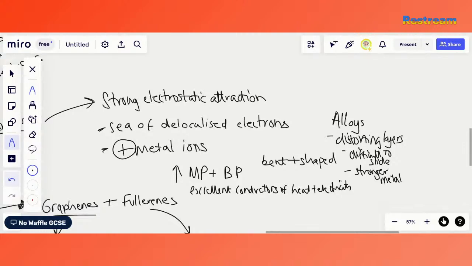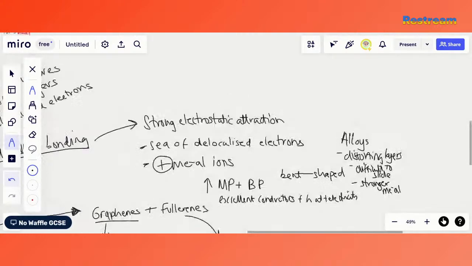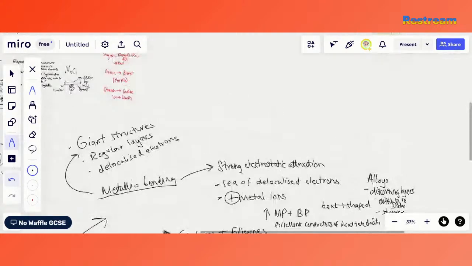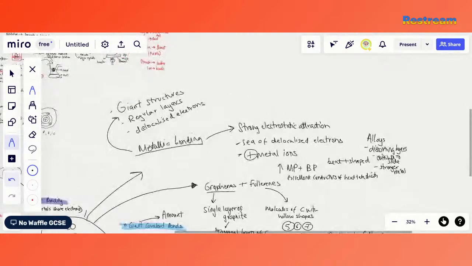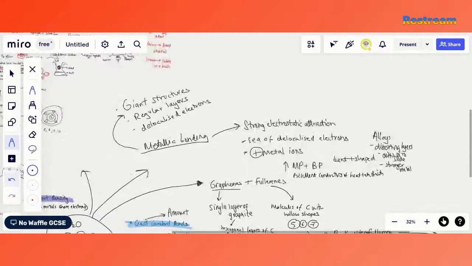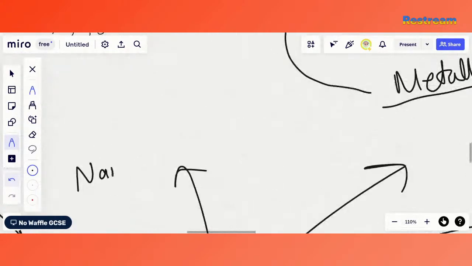Now, finally, the final topic is nanoparticles. Nanoparticles are these really small particles that have a very small diameter and contain thousands of particles.